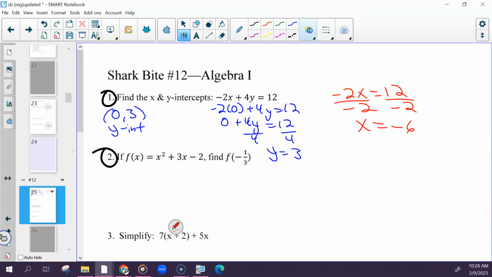So x is -6, and we would write that as an ordered pair. -6, 0. 0 would have been what we put in for x. I'm sorry, for y. So our two intercepts would be -6, 0, and 0, 3. Questions on that?